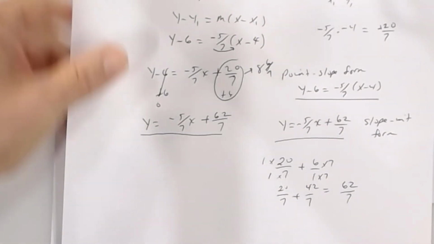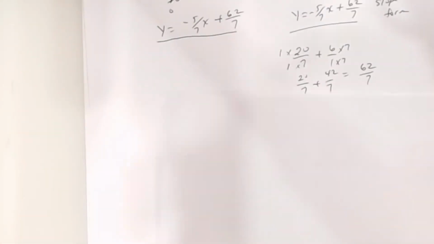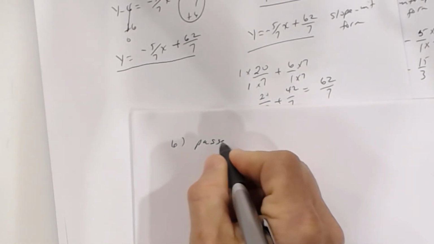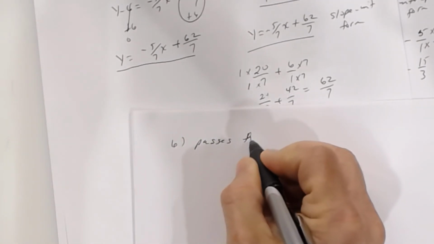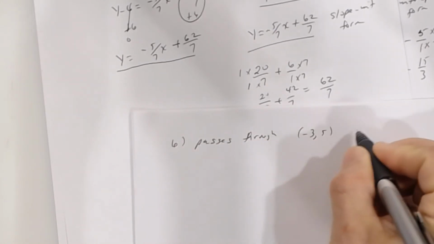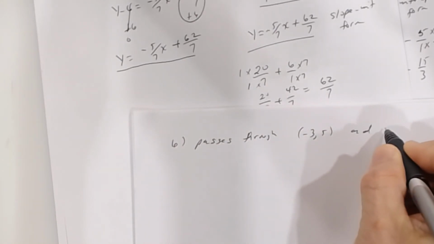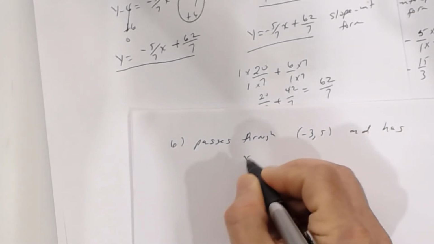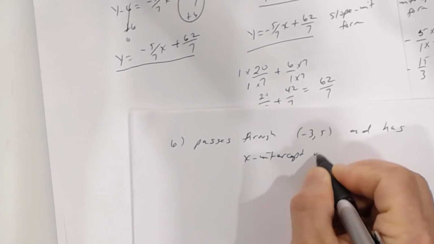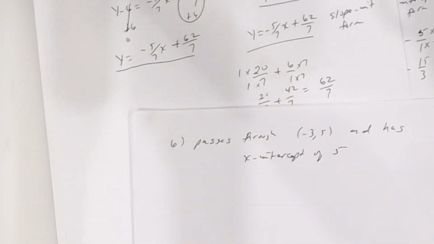All right, number 6. Suppose that it passes through negative 3, 5 and has x-intercept of 5.